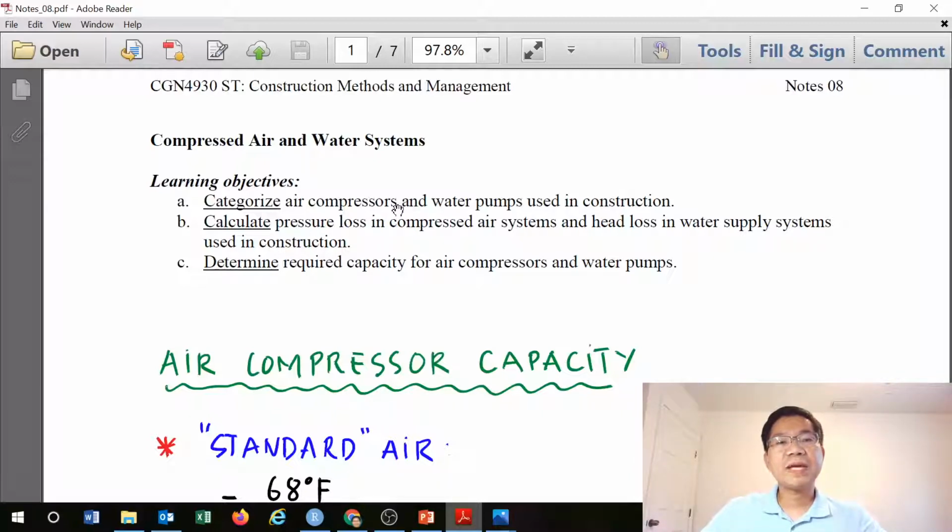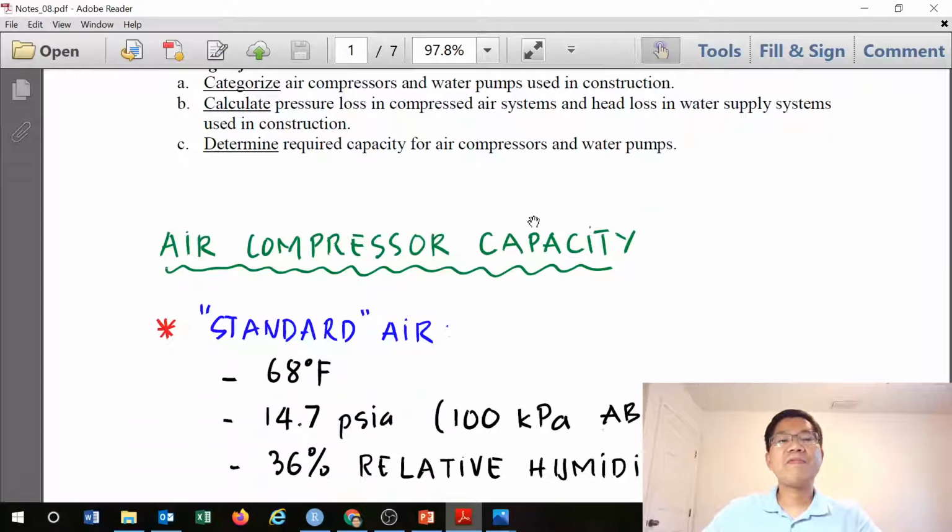Then we calculate the pressure loss in compressed air systems and head loss in water supply systems, and use them in construction applications. And then determine the required capacity for air compressors and water pumps. So those are the objectives.